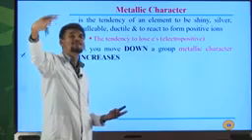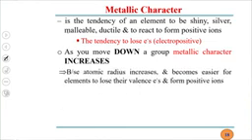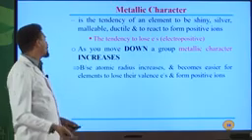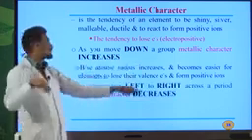Because on the right hand side of the periodic table there are non-metals, and on the left hand side we have metals, and in the intermediate we have metalloids. Therefore, metallic character increases down the group, but decreases from left to right across the period. Why? Because atomic radius increases.